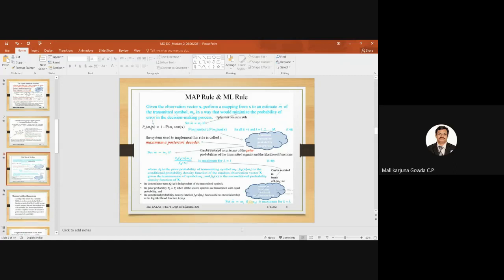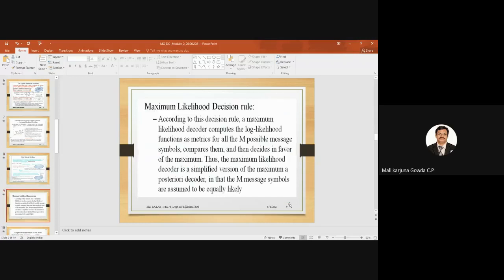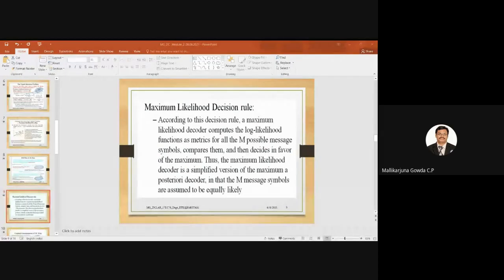So what I said, set m cap equal to mi if L of mk is maximum for k not equal to i. This is what the maximum likelihood rule is, in terms of words.